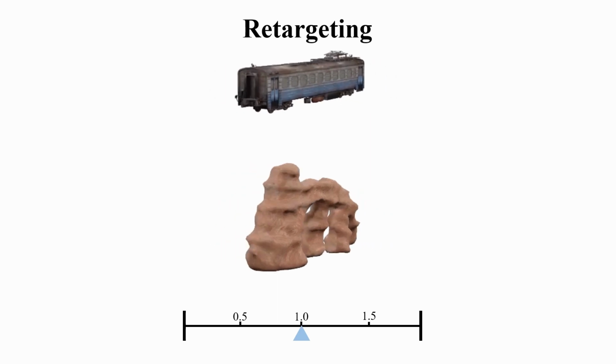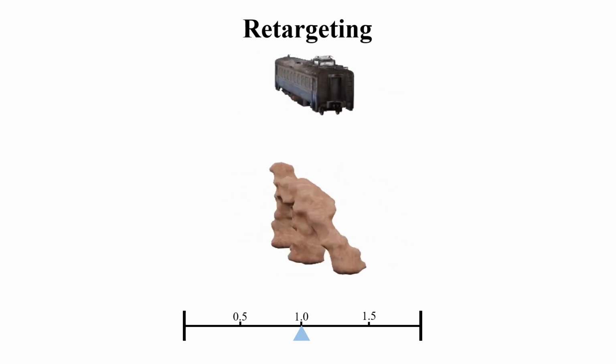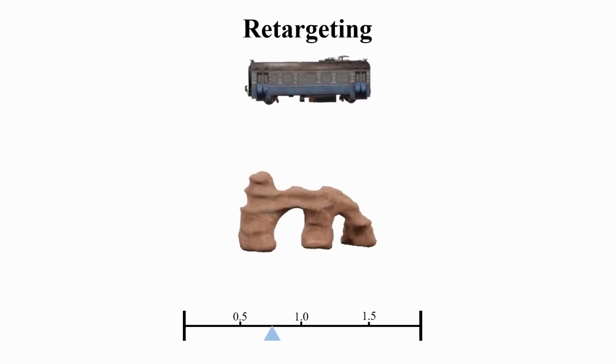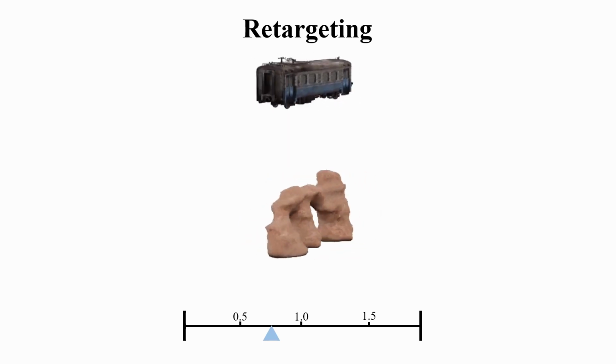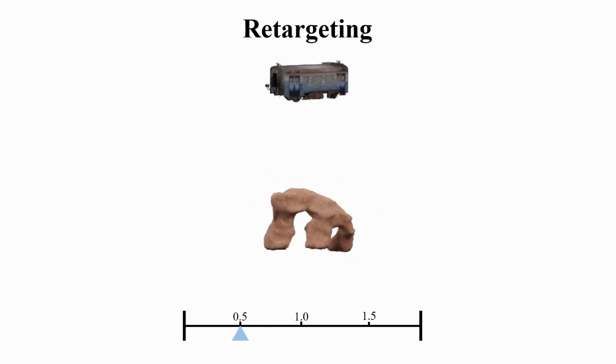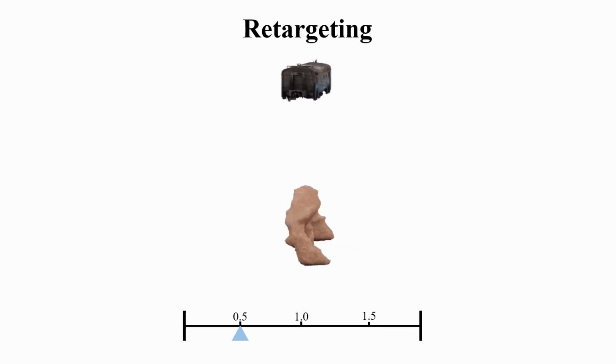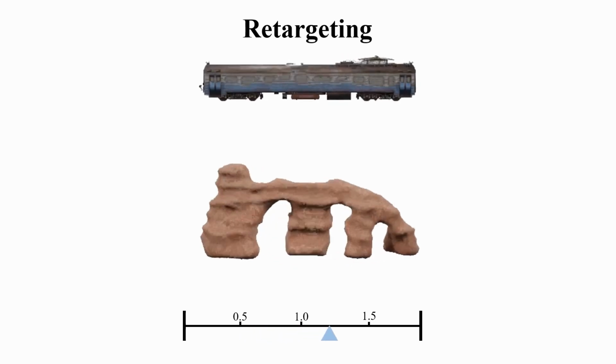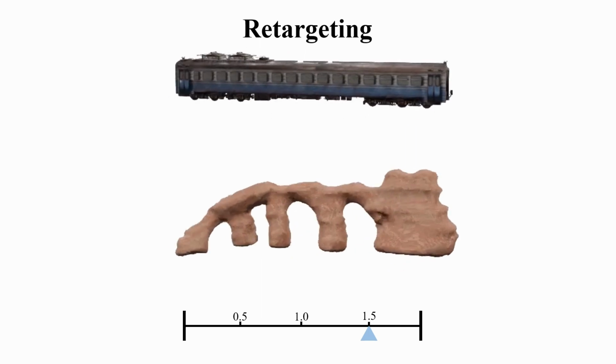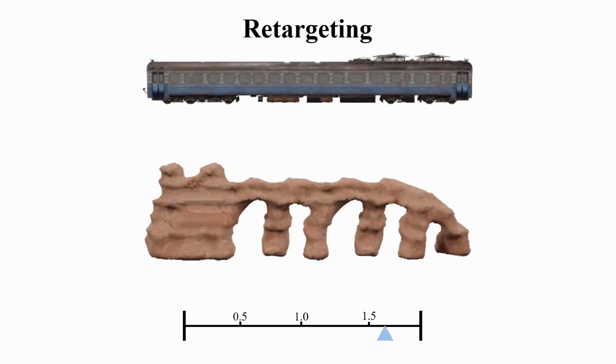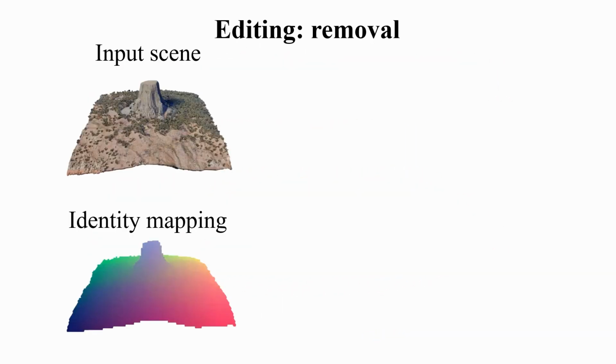We show the versatility of our method in several 3D modeling applications with our unified framework. We can retarget the scene to a different aspect ratio while maintaining the local patches in the exemplar. Users can edit the input scenes, such as removal, duplication, and modification.